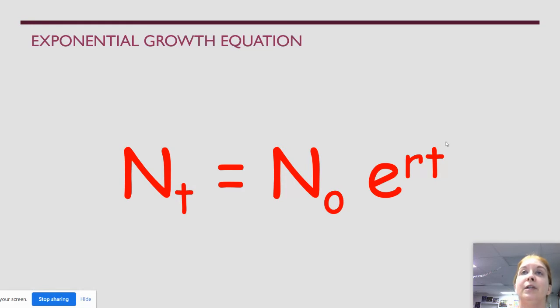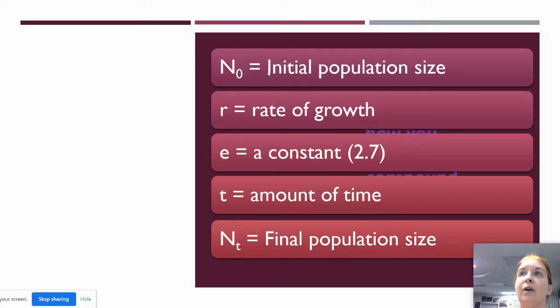So here is the exponential growth equation. I'll give you what all of these things mean in just a second. But there is your equation. So we have our initial population size, times the rate of growth times a constant, raised to the amount of time, and then the final population size.